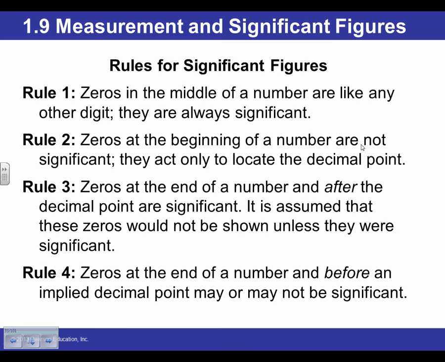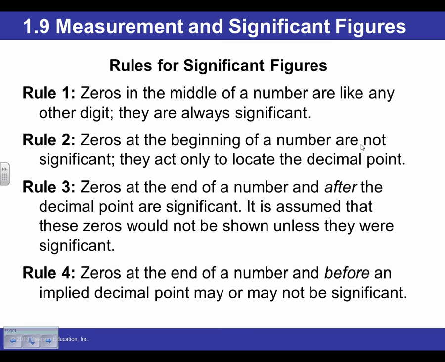In Rule 1, if zeros are found between 2 non-zero digit numbers, those zeros are in fact significant. Rule 2 says that zeros found at the beginning of a number are not significant, but they only serve to locate the decimal point, so to speak.